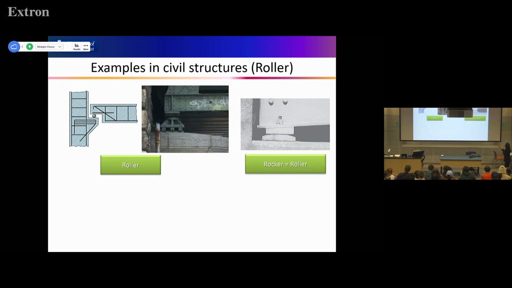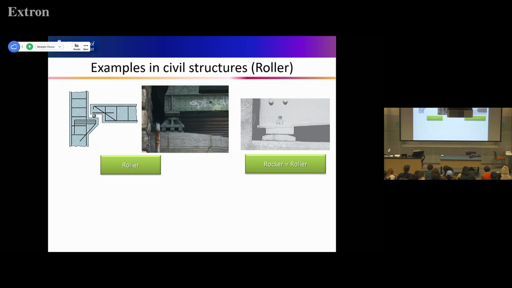And then we have something like this, rocker. The bottom side surface is rounded like this, and the beam side is a flat surface, so that the beam can slide through like this, and then shrink and expand, something like that. And this rocker is also considered equivalent to a roller.